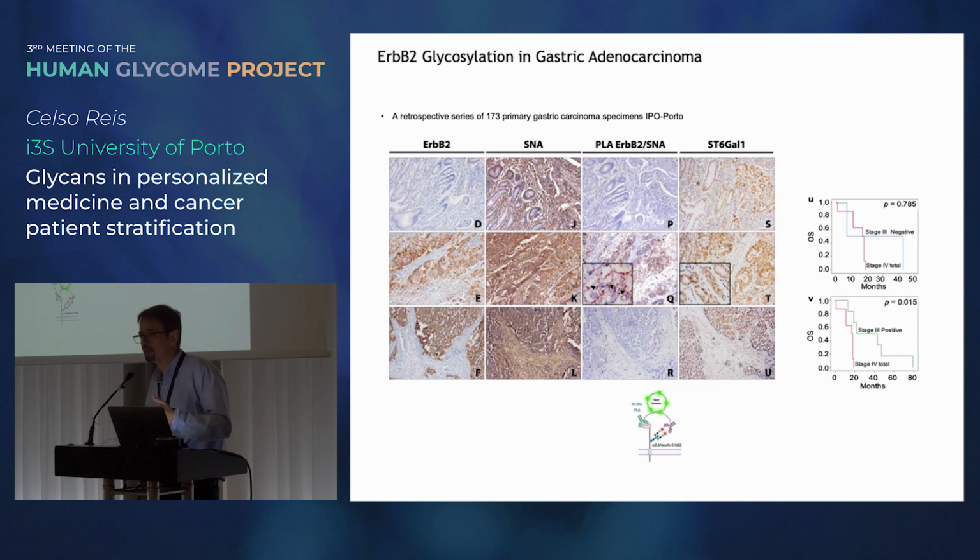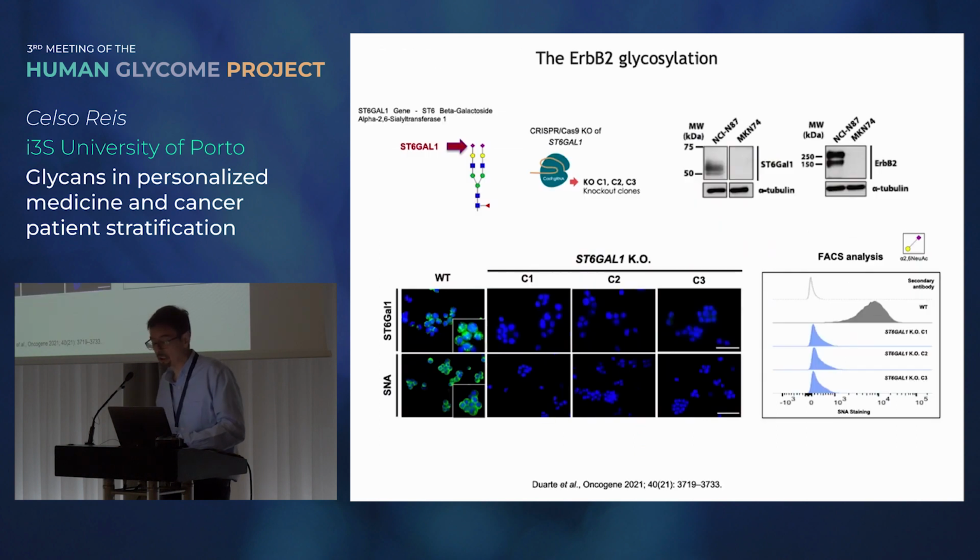So the tumor had a different prognosis within the same stage of the disease. So we decided to go in depth, and we generated different clones, knockout for ST6GAL1, the enzyme that does this terminal alpha-2,6 sialylation, different independent clones by CRISPR-Cas9.